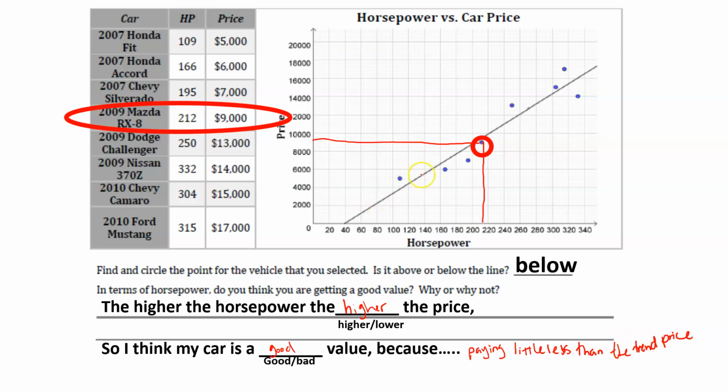So the trend would be maybe I should pay a little bit more, closer to $10,000 rather than $9,000. I know that's not a big difference, but hey, saving money is awesome, no matter how small it is. All right, let's continue.